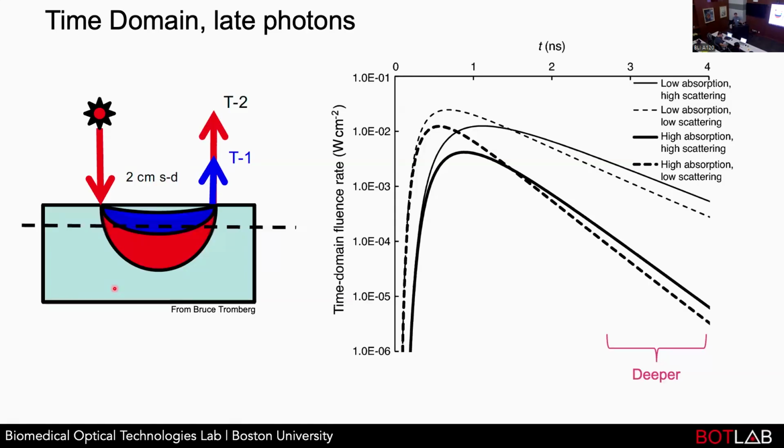You're mixing, in some sense, photons that took the more direct path as well as the ones that went deeper. When you have time resolved, you do have the opportunity, with good modeling and good inverse solvers, to get some depth sectioning, or to resolve layered geometries with a little bit better precision.